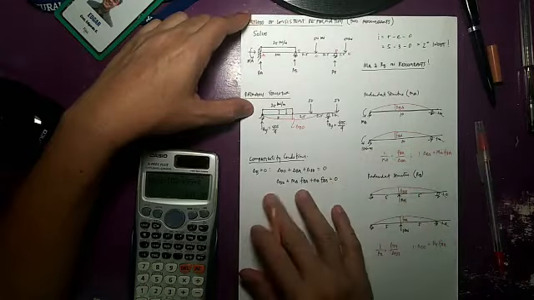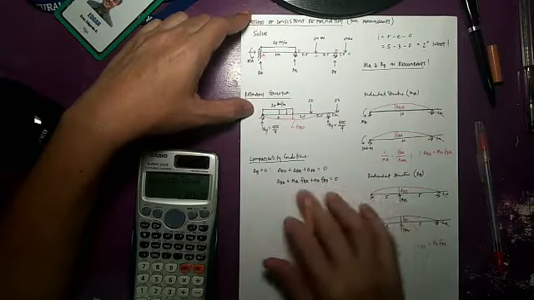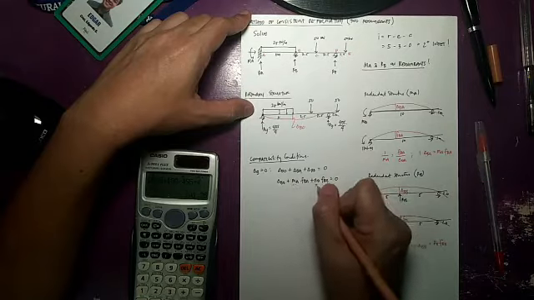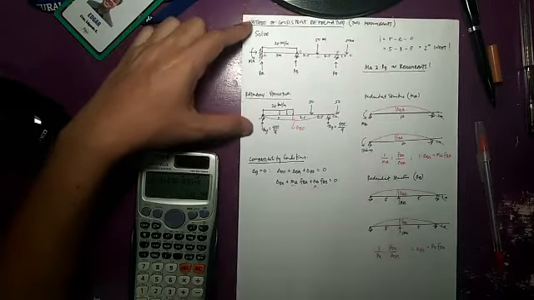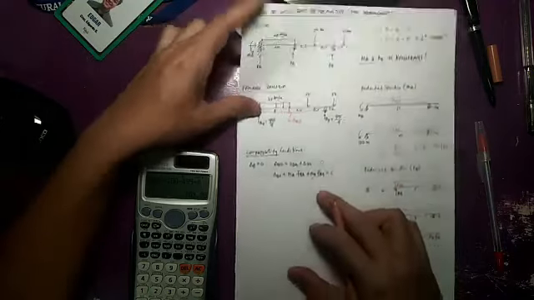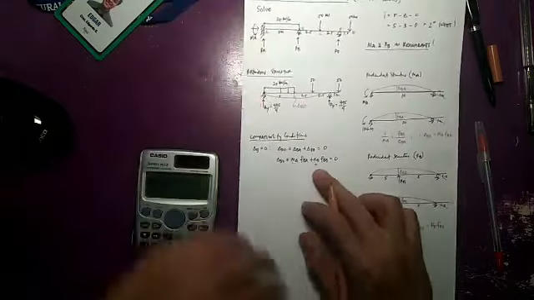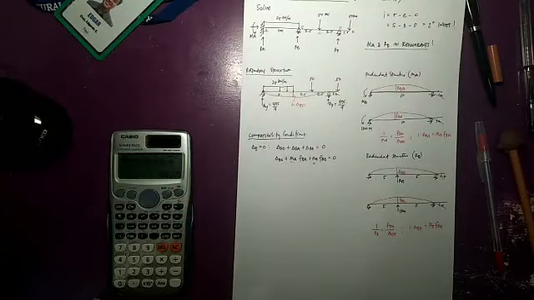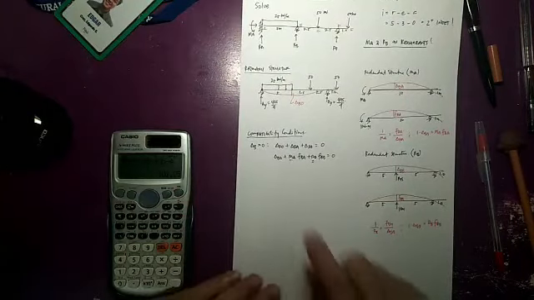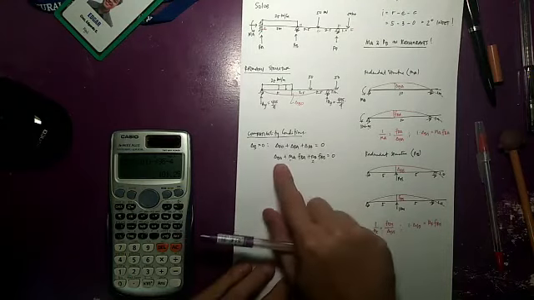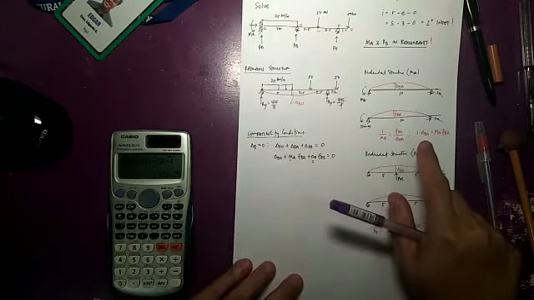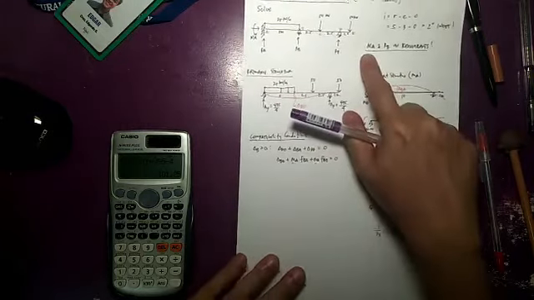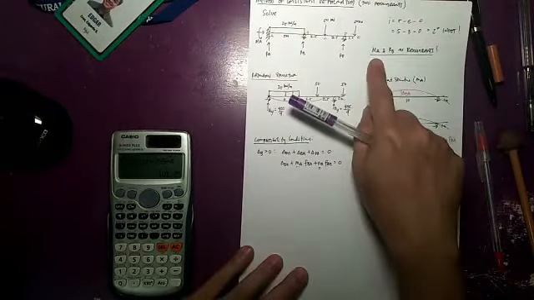So this would be our first compatibility equation relating MA and RB. We have to generate another compatibility equation relating MA and RB. So how? Considering the next redundant: the first compatibility equation was formulated based on the redundant delta B. Now what about MA? That's the moment at A.